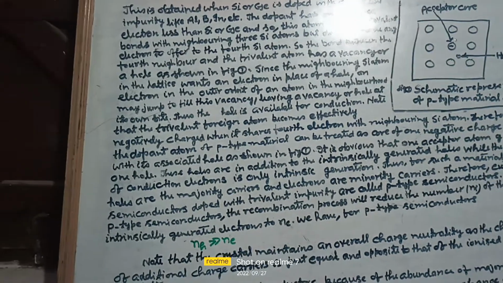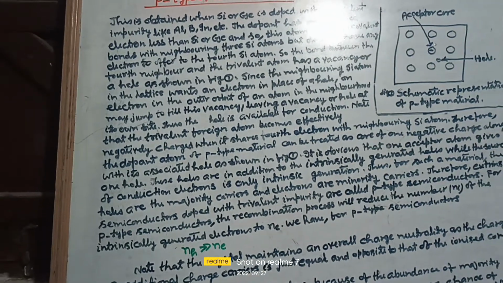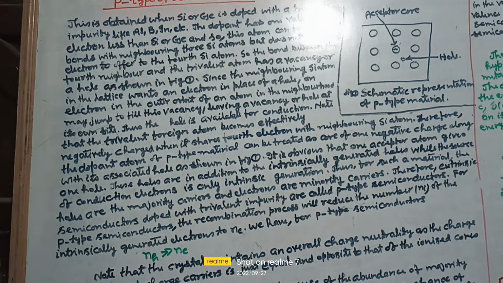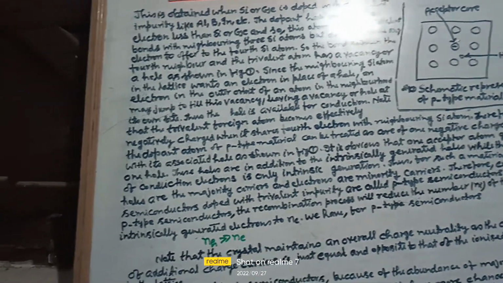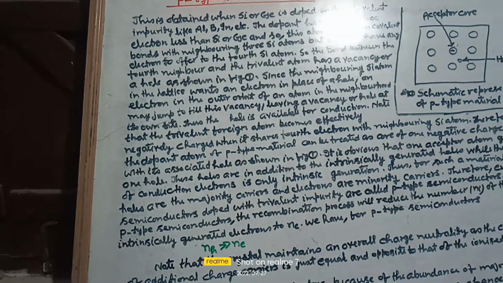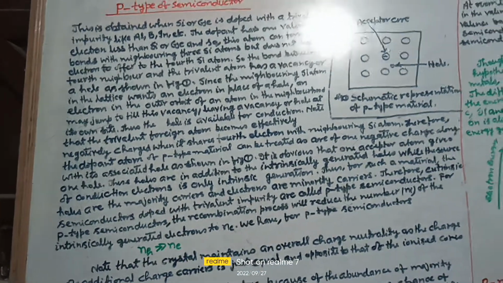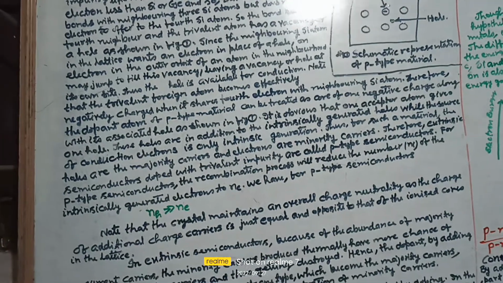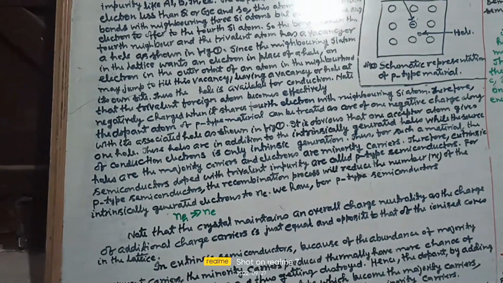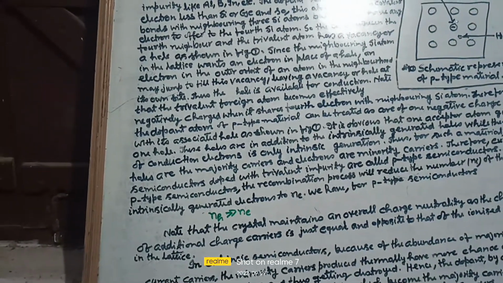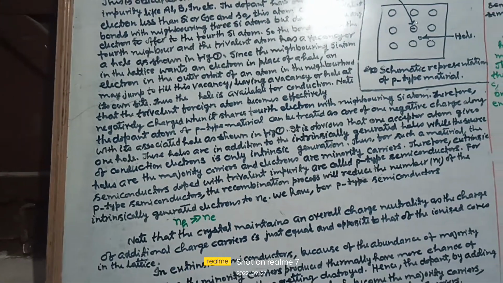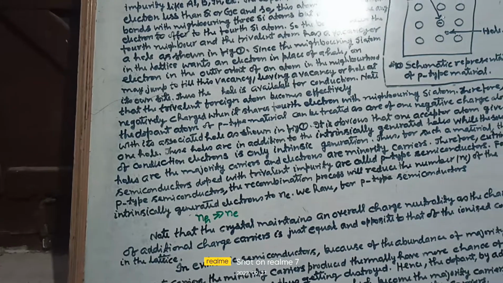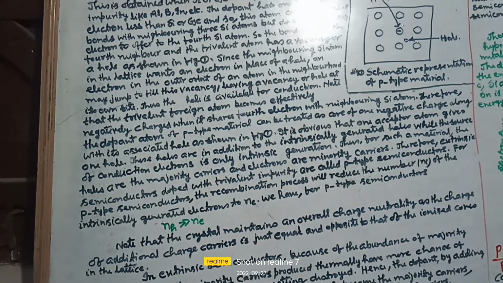Therefore, the dopant atom of P-type material can be treated as a core of one negative charge along with its associated hole, as shown in figure 1. It is obvious that one acceptor atom gives one hole. These holes are in addition to intrinsically generated holes, while the source of conduction electrons is only intrinsic generation.